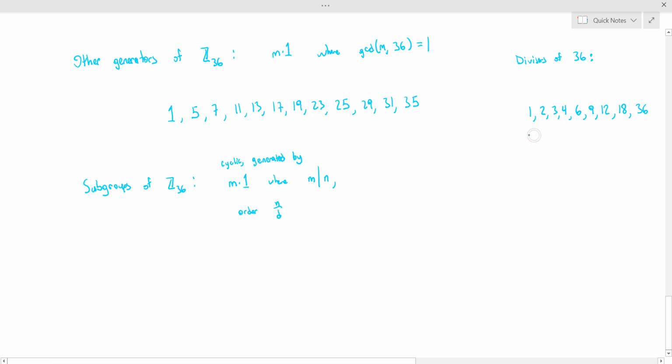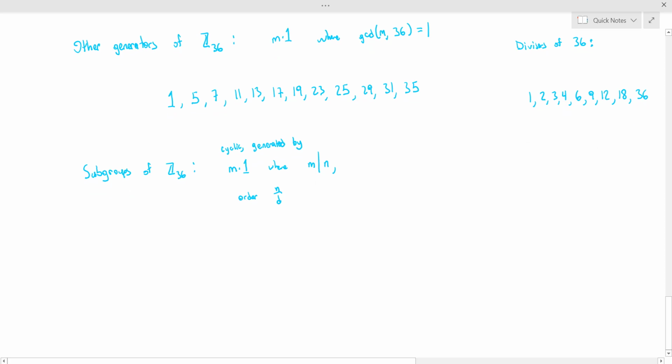So each of these will generate a cyclic subgroup. As we know already, 1 generates the entire group. Okay. 2, so the group operation is addition.